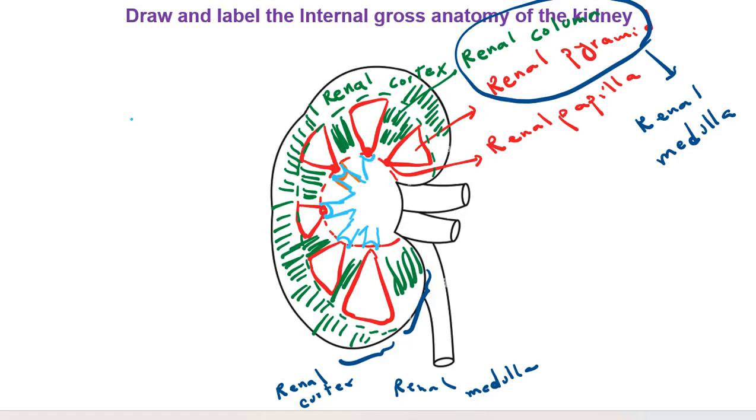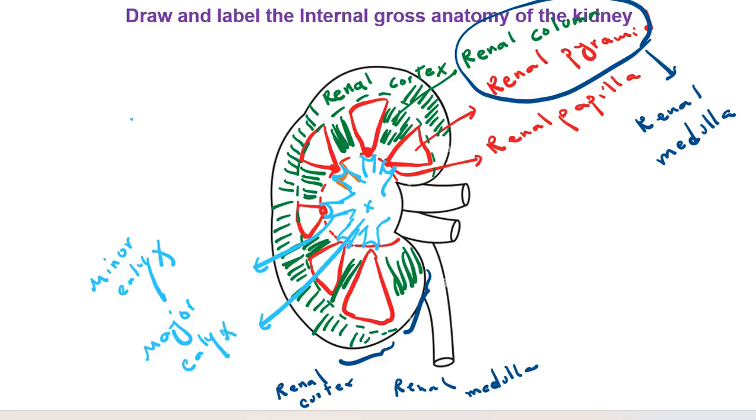Then as you can see, some of these renal calyces join together and make a bigger one. Each of these little ones is called a minor calyx. Calyx is the single word, calyces is the plural, and here we call this a major calyx when some of these minor calyces join together. Together, minor calyx and major calyx are called the renal pelvis.